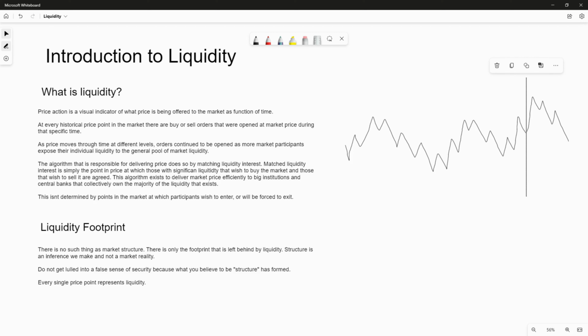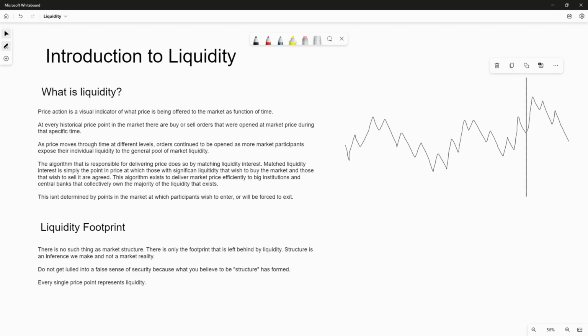So the algorithm does this by moving price to what I'm going to refer to as points of matched liquidity interest. Essentially, price is matching both buyers and sellers and is moving to meet them at prices at which they can do business with each other.